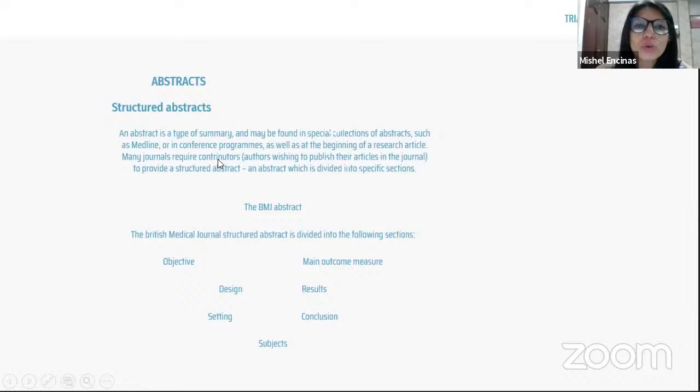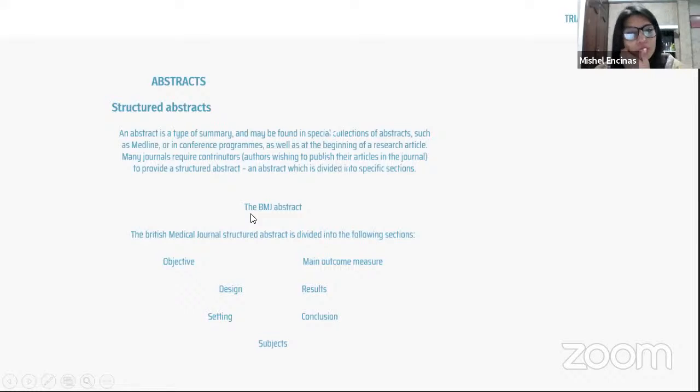Many journals require contributors, that is, authors wishing to publish their articles in the journal, to provide a structured abstract. That is an abstract which is divided into specific sections.